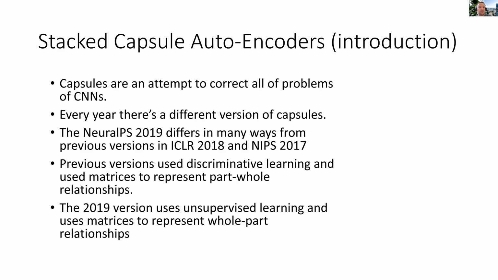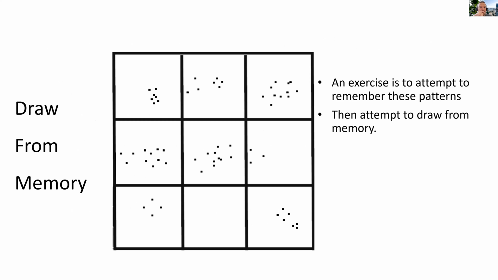So from Sara Sabour, I borrow the following few slides. Basically, if I were to give you this image and ask you to memorize it in a very short amount of time and then reconstruct it, there's a series of steps that everyone tends to do, and it's an indicator of how they're trying to approach capsules.